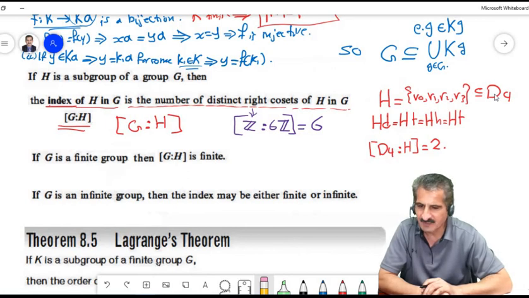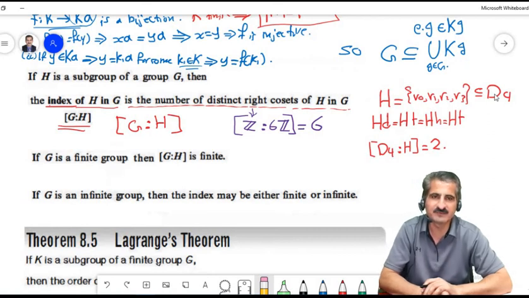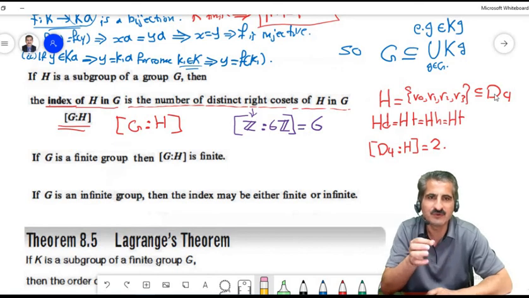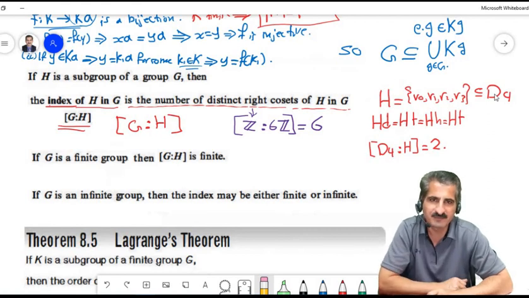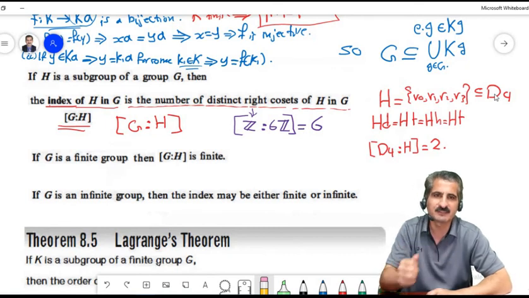And we had talked about it when we learned it, that Z itself is divided as a union of the right cosets of 6Z, the ones we have seen already: 6Z plus 0, 6Z plus 1, 6Z plus 2, all the way till 6Z plus 5. The intersection of any two of these is phi, and their union, all of them, gives us back Z.